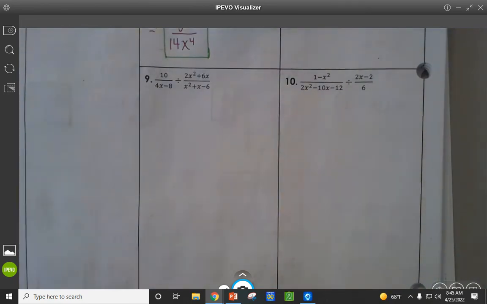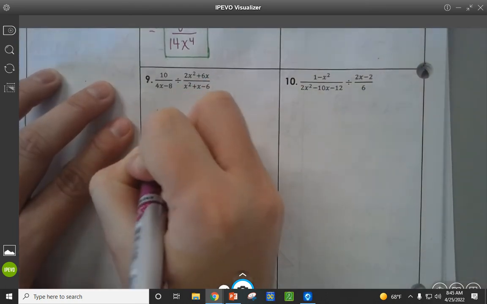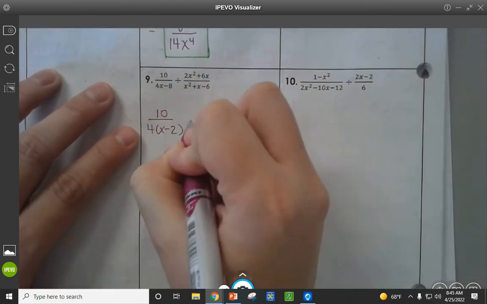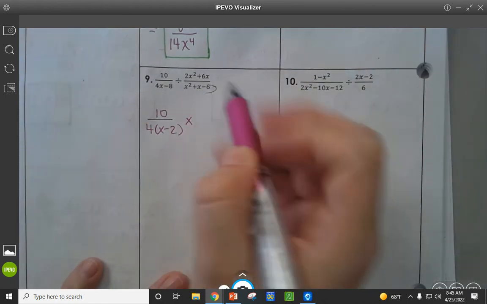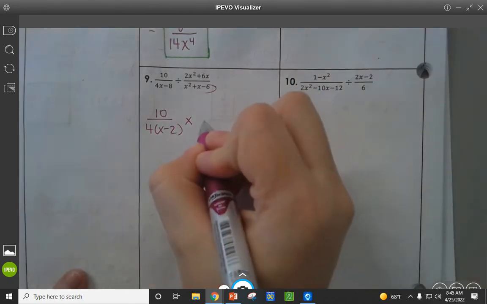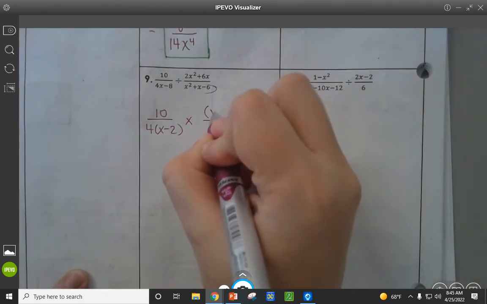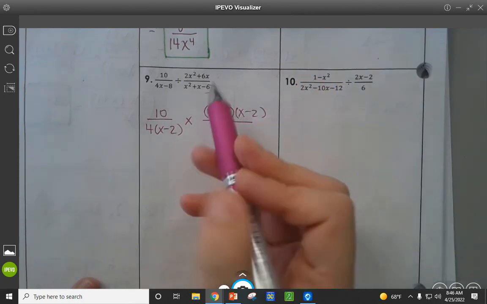All right, so number 9, we have 10 over 4 times x minus 2 times. Now this one, I'm going to go ahead and factor it and flip the fraction at the same time. So this one factors into x plus 3, x minus 2.